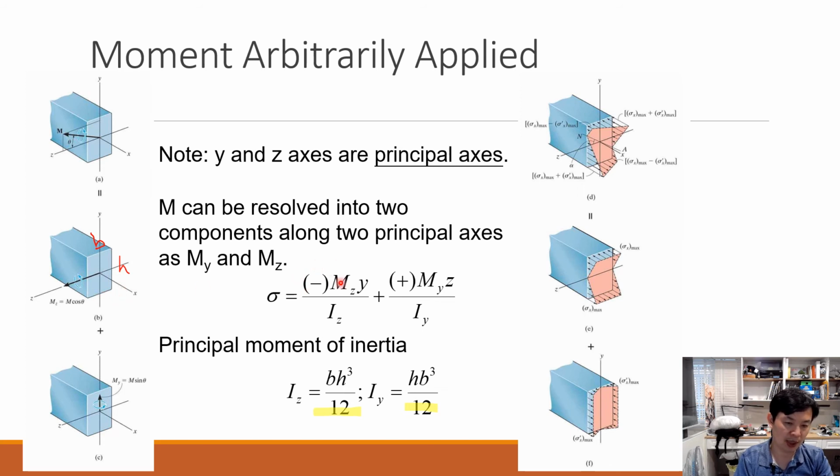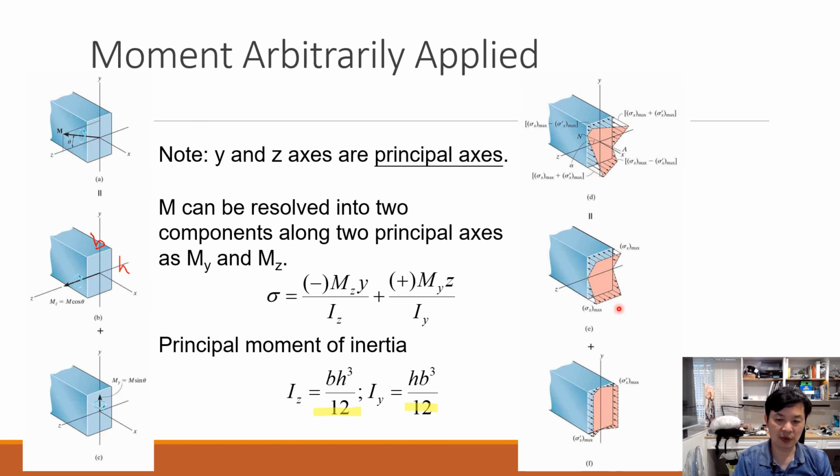That's why we add a minus sign for positive Mz and positive y. That's the reason we determine the sign for each equation. For My, along the direction of z, positive z is on the left-hand side. And we find that we get tensile stress over there, so we have a positive sign in our equation, okay? And then we summarize them together, we determine the stress on the overall cross-section, just like this one.